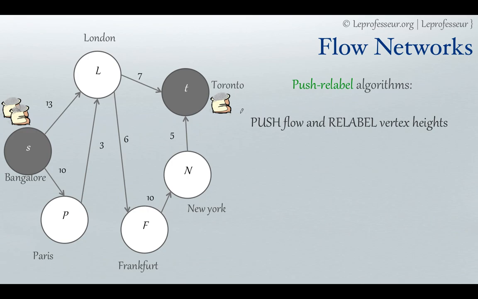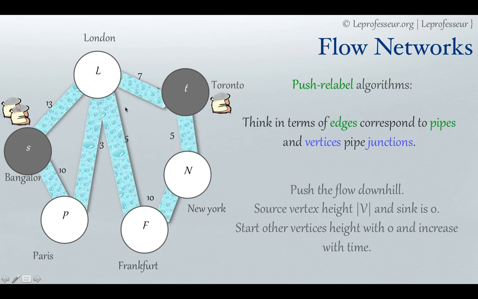Push and relabel is a very simple concept: you keep pushing the flow onto the edges and adjust the height of the vertex. What it means is that you can think in terms of a water flow network, like how water is flowing in a pipeline. Think about the edges as the pipes and the nodes or vertices in the graph as the pipe joints.